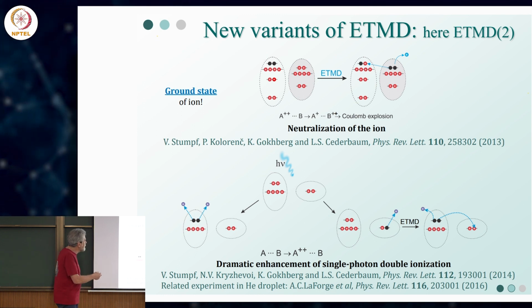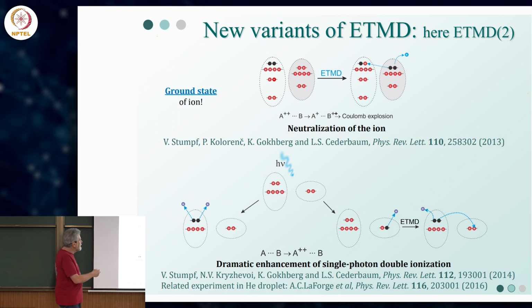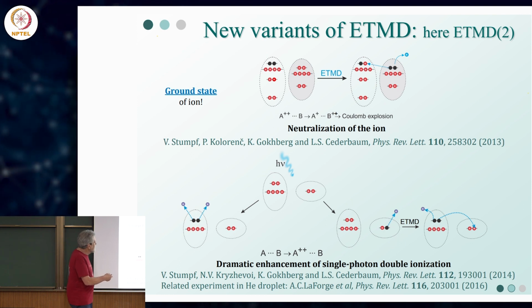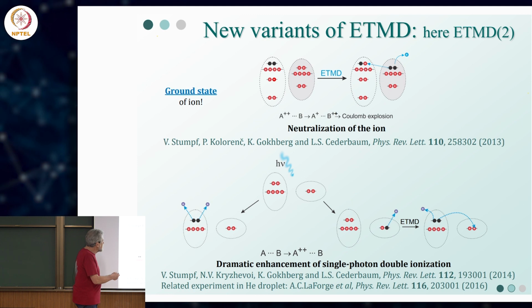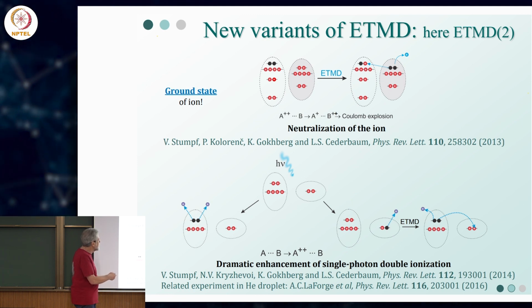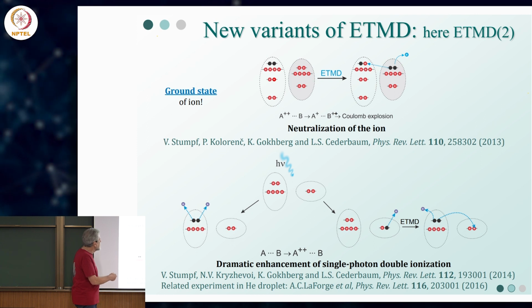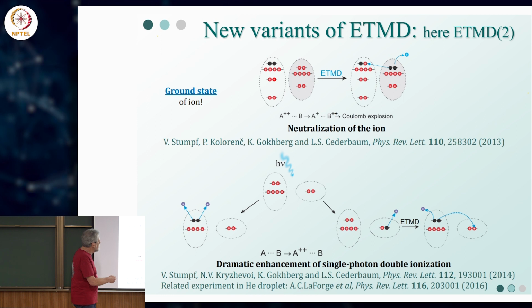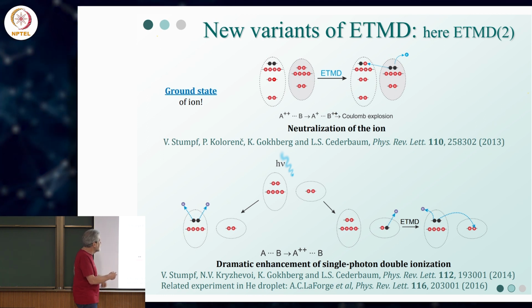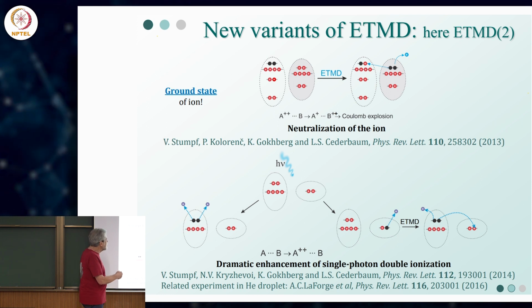But now it does not have any excess energy. But if I have a neighbor, again, the same can happen what I showed you before. The neighbor can donate an electron. Of course, depends on the energetic. So the neighbor can donate an electron, neutralize one charge, so A double plus becomes A plus. It doesn't have to be double plus. It can be 3 plus or 1 plus, but an ion is favorable, of course.